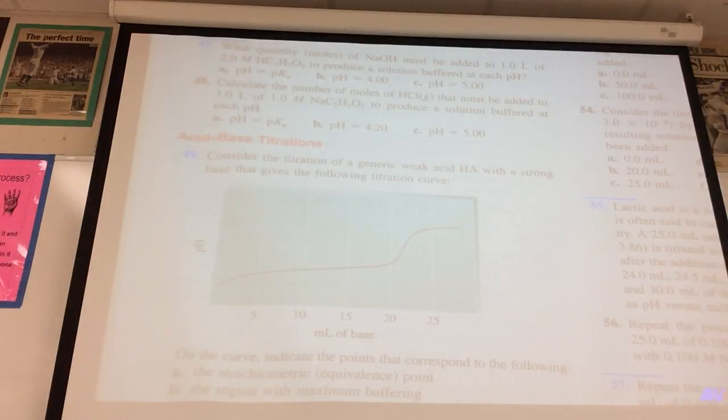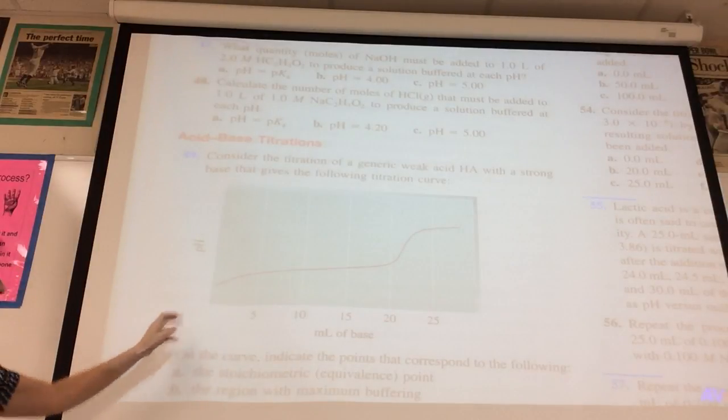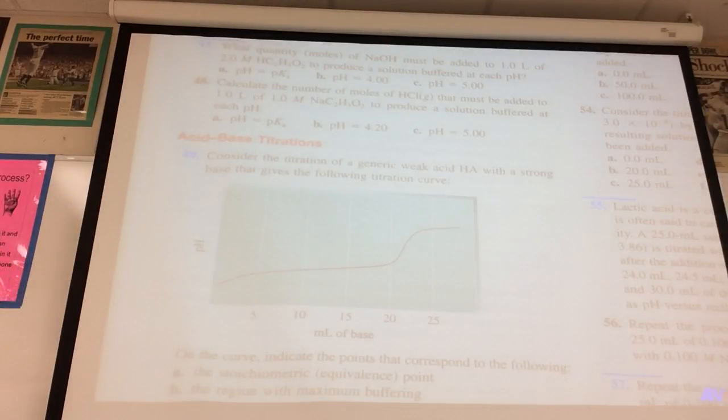We've been talking about acid and base titration, and on the screen is a titration curve. Without reading that it says weak acid with a strong base, how could you tell right away that this titration curve represents a weak acid titrated with a strong base? Right, you don't see that straight up at the equivalence point.